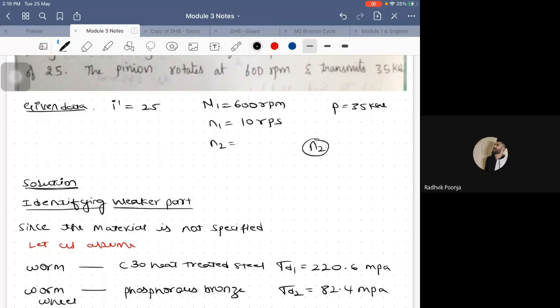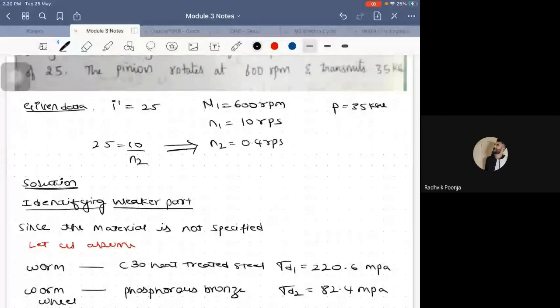N1 by N2, no? What is the value of N2? It is 10 divided by 25, which is 0.4 RPS.